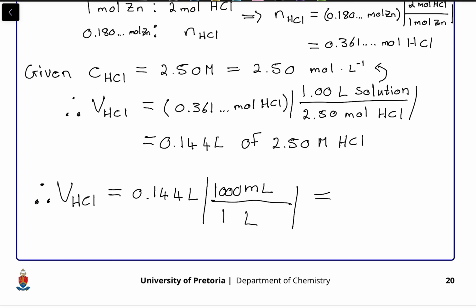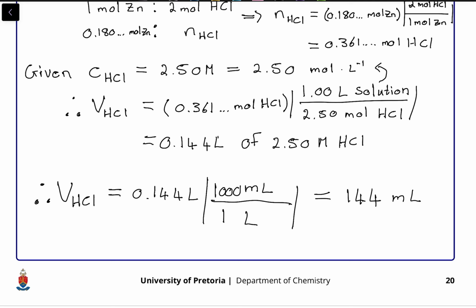And that's then going to give you 144 milliliter. Okay, that's how much of the hydrochloric acid solution is required to fully react with the zinc.